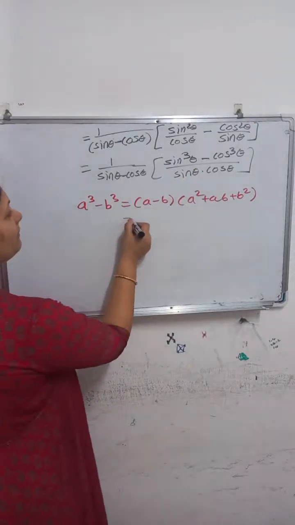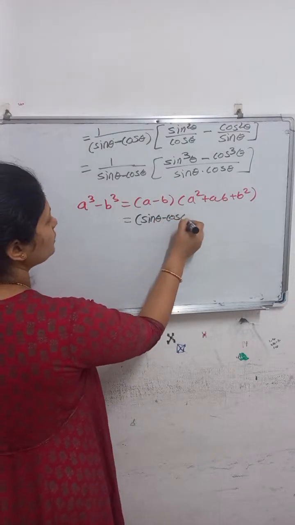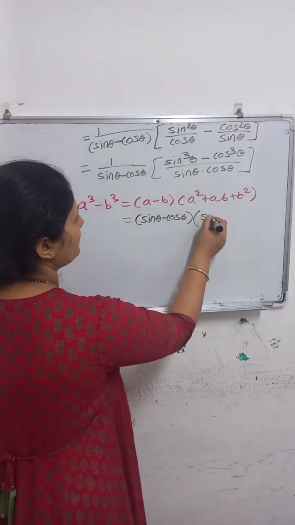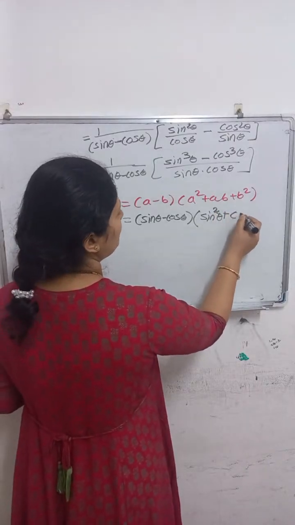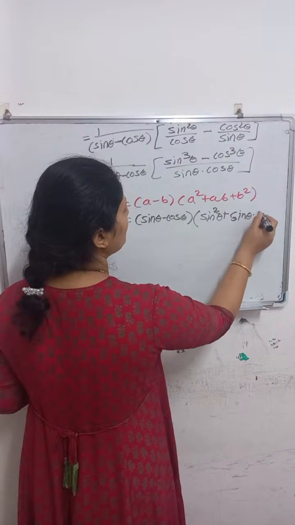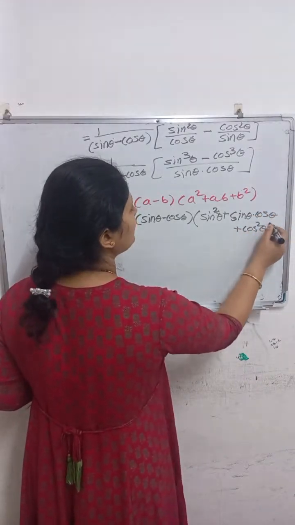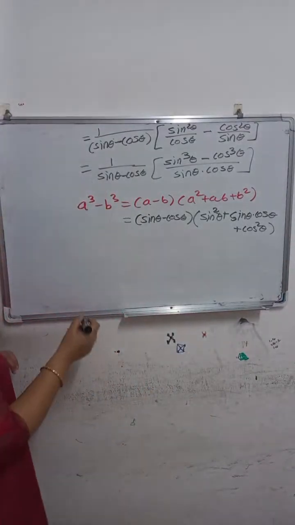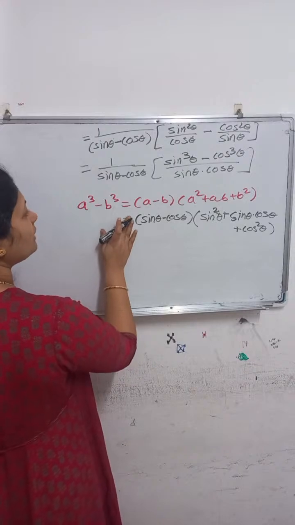So a minus b is sine theta minus cos theta, and a square is sine square theta plus ab, that is sine theta into cos theta, plus cos square theta. Are you getting this?